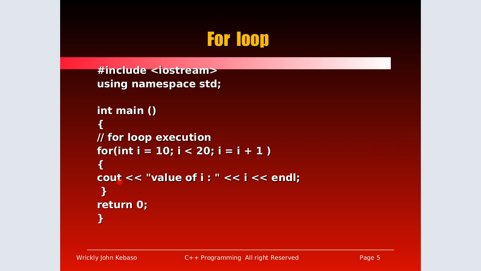So we say cout, two insertion operators, which are actually less than operators, two of them. Then we open a quote and communicate. Like now we are simply saying the value of I, then we put the colon and then we close.